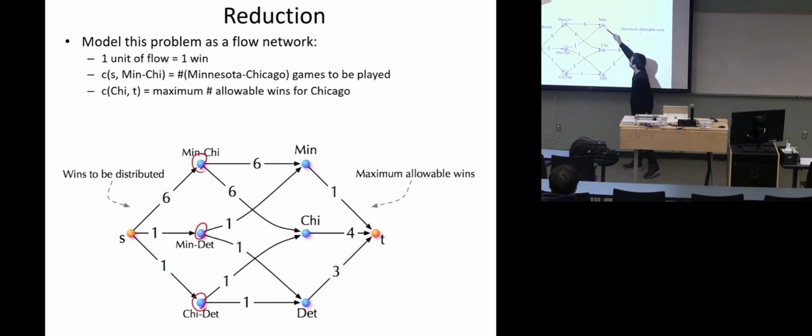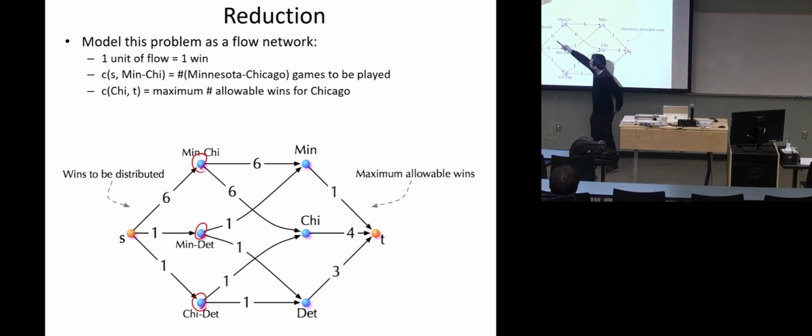And then there are 3 teams remaining. Each team connects to the sink, and the capacity of this would be the maximum allowable wins for each team. So this is like a sink capacity on each of these.